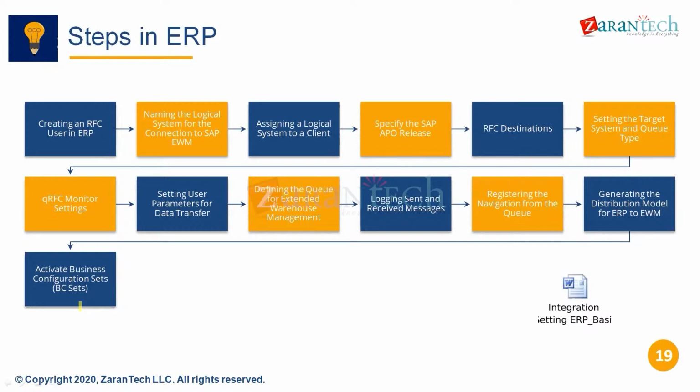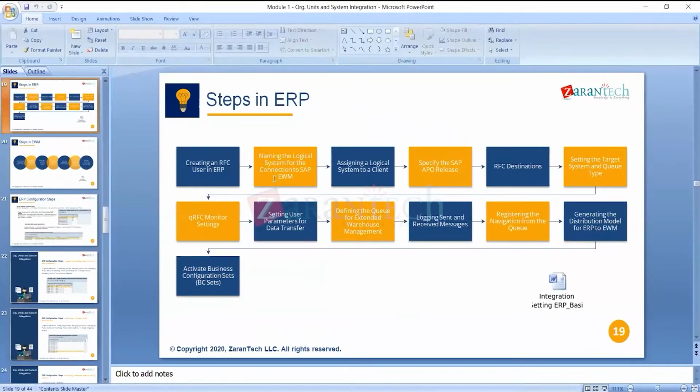So what you need to do is go through the SAP documentation. They have something called the admin guide. It's not for us; it's for the technical team. In that admin guide, all these steps are listed, and they may change based on the version, because SAP is making a lot of changes in EWM. Every year we have a new version, so make sure you're using the latest version of the admin guide.